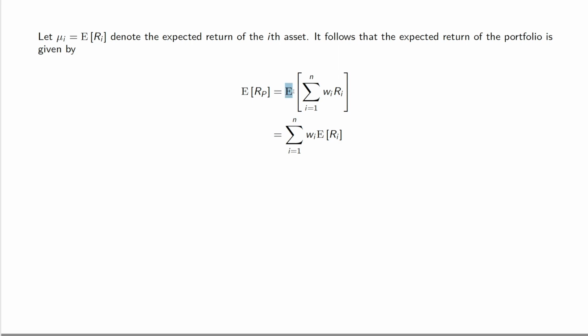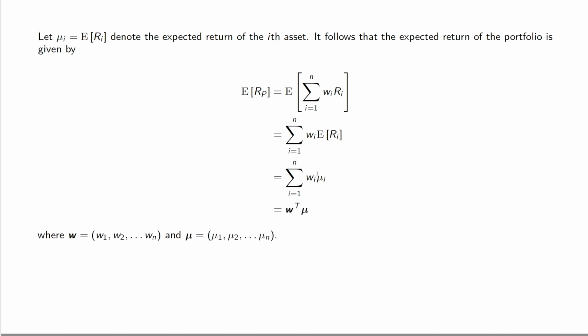Hence we can bring the expectation through the summation and into the individual returns of the assets themselves. In the next step, you'll see that we've replaced the expected value of Ri with mu i, which we labeled as the expected return of the ith asset.